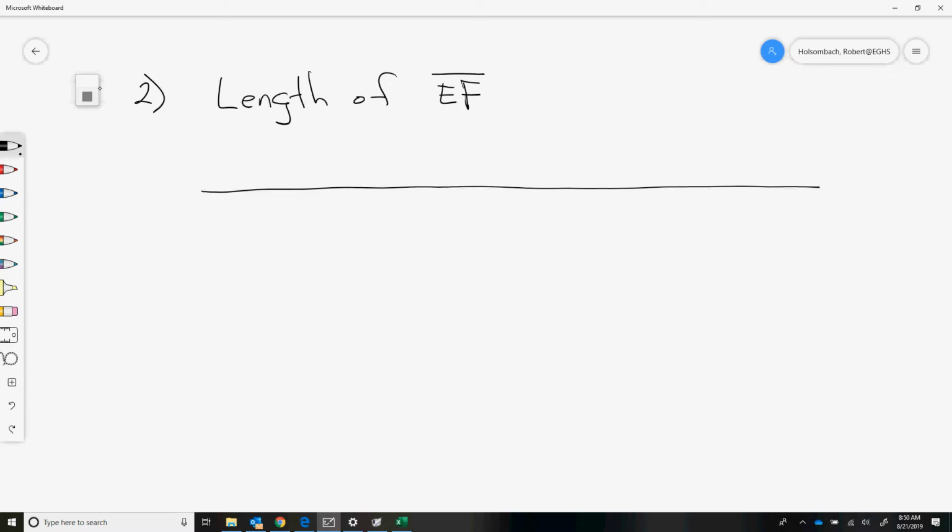On your number line, you've got your E at -9. You got your F at -6. Okay, and you're asked to find the length. So the mathematical way to do it, this is your study guide. You're taking notes on the study guide.